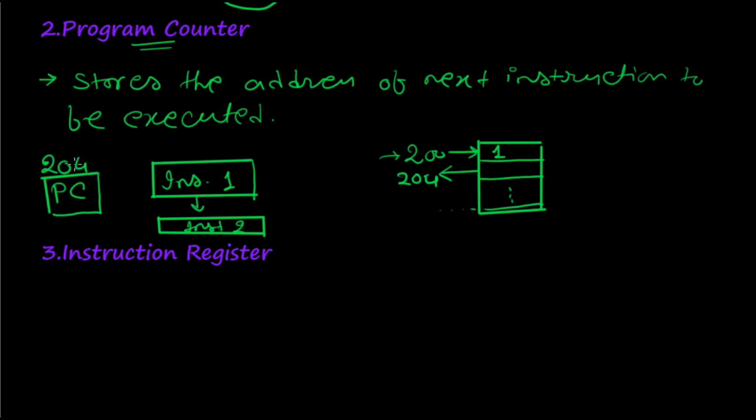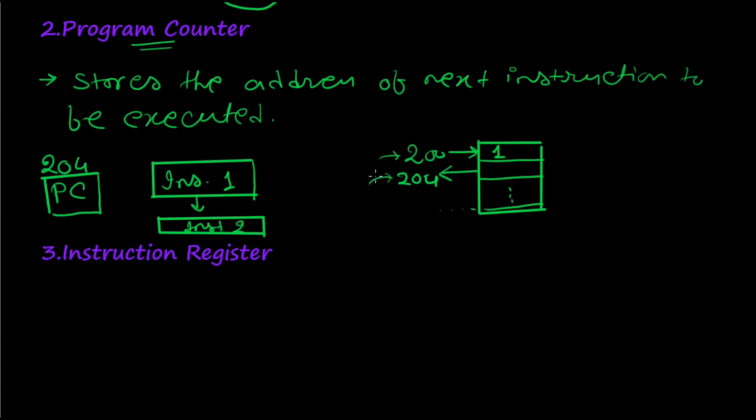The program counter will inform the CPU, okay, I need to fetch the instruction at 204. I am talking about the address actually. The instruction located at 204 will be fetched now. So this is the work of a program counter.